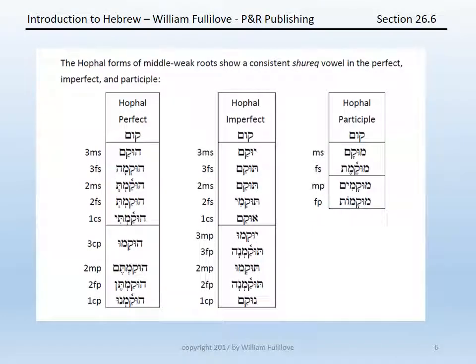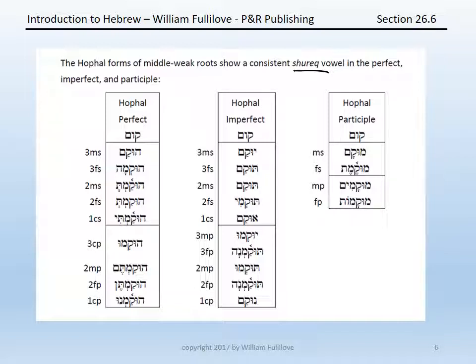The hofal forms of middle weak roots, remember the hofal is the passive counterpart to the hiphil, will consistently show the shureq vowel in the perfect, imperfect, and participle. The shureq, the u sound, which is so characteristic of the passive, will precede the first root letter and will follow the prefix, whether that prefix is the he of the hofal perfect or the typical imperfect or participle prefixes.